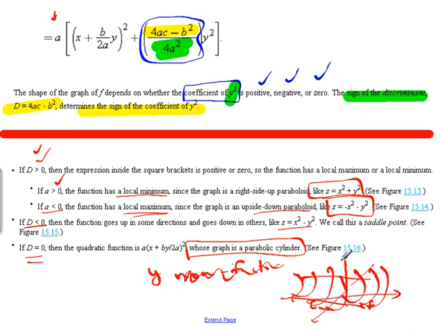So there would be my parabolic cylinder. And this has neither a max or a min. Well, I guess it always has a min at y equals 0. But there's not one specific local extreme point.